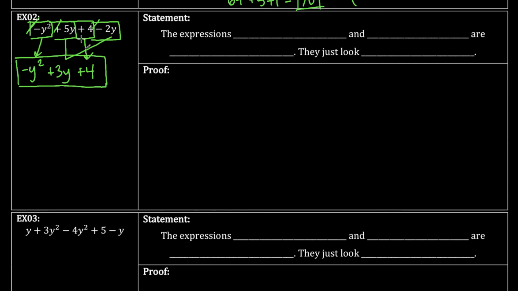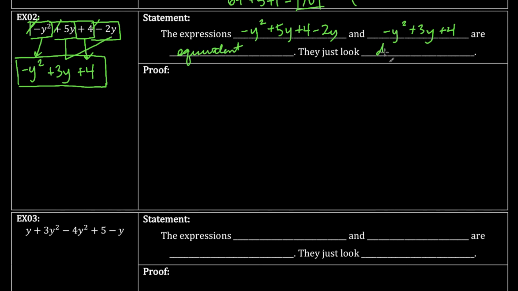Remember that this first expression and this second expression are equivalent. They just look different. So the expression negative y squared plus 5y plus 4 minus 2y, remember, this whole thing is the expression, and negative y squared plus 3y plus 4, they are equivalent.